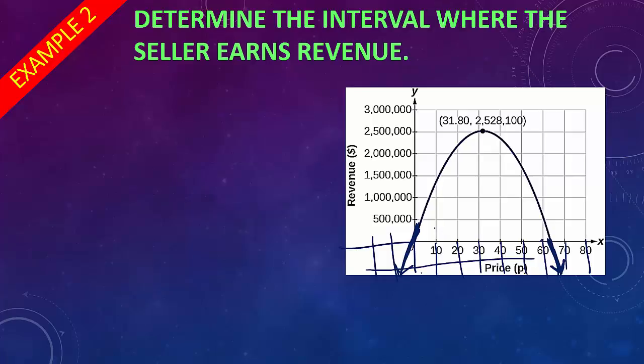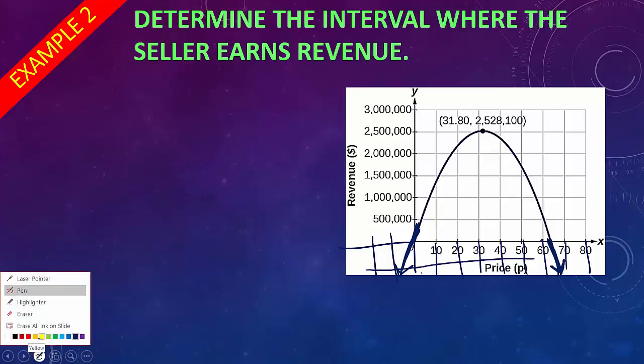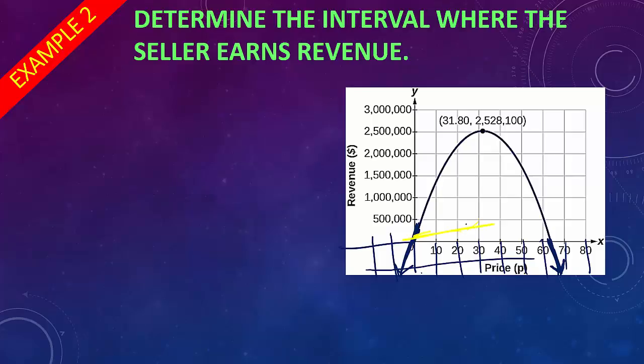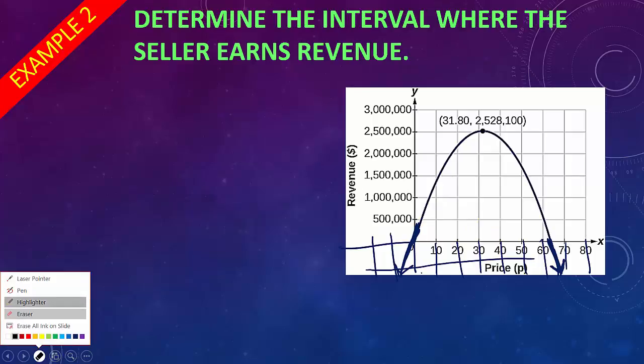Anyway, we want to know the interval where the seller earns revenue. So that means where our revenue is positive. So that would be anything up in this area. Yep, I didn't mean to do that. Let's fix that. Okay, so I went to highlight. There we go.